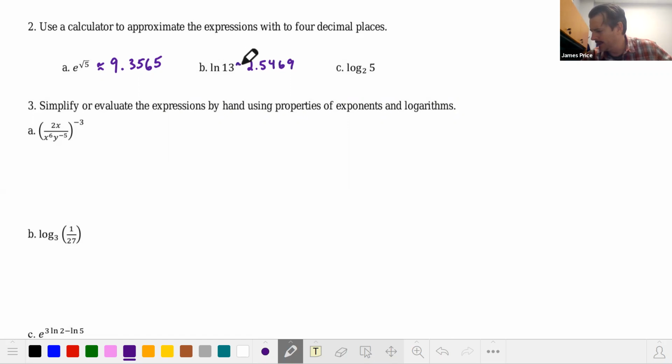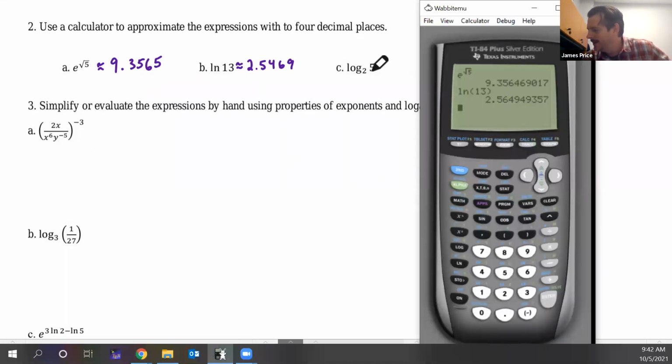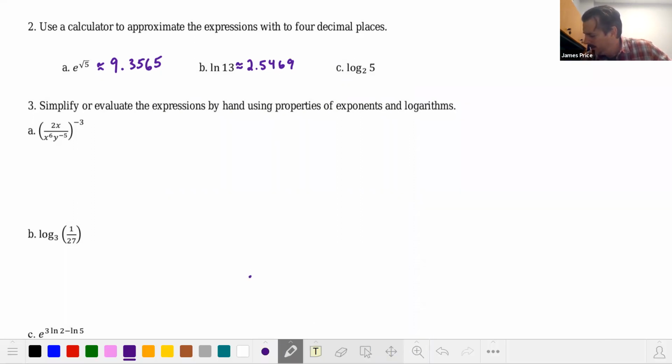Oops, I think I transposed those numbers, didn't I? Let's check it. Yeah, it's 2.5649. So let's fix that.